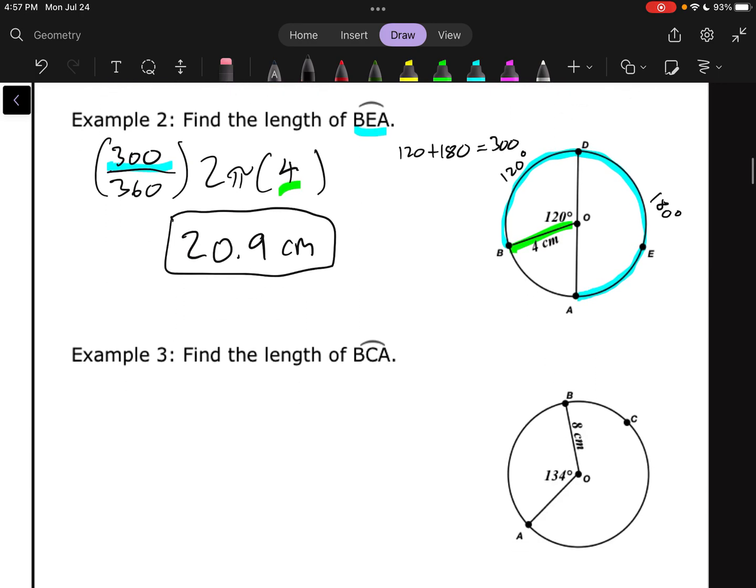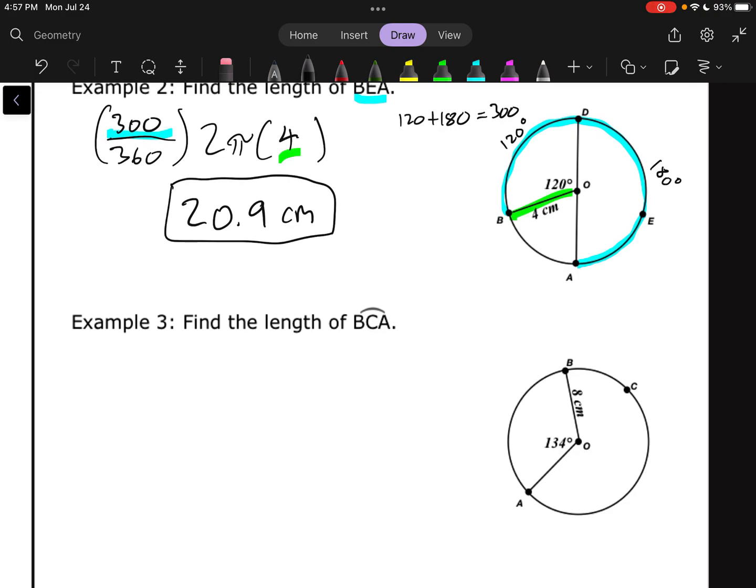Okay. Now, what about BCA? BCA. Let me set up my formula again. All right, so BCA goes from B to C to A. So that's all this part. Now, how many degrees does that take up?